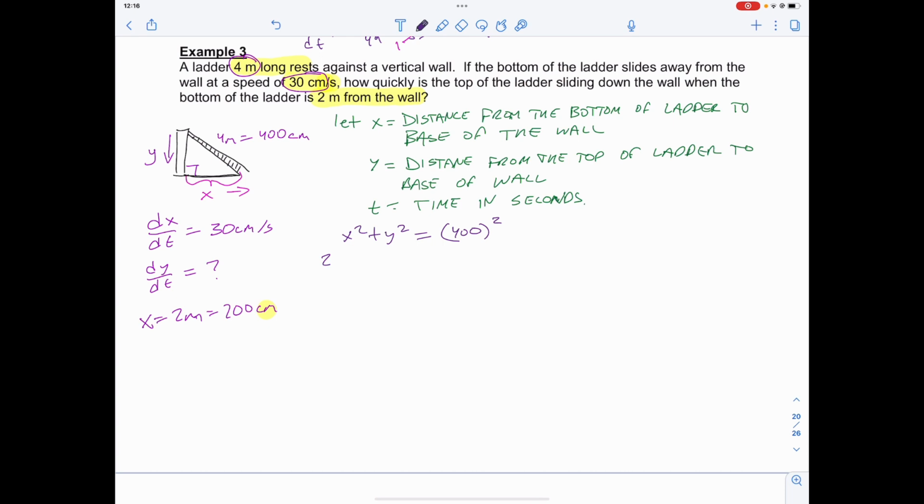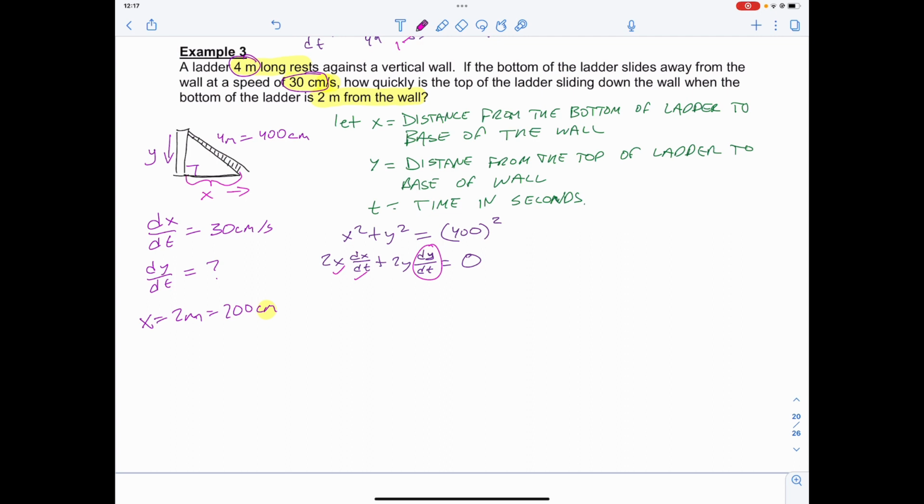I have 2x dx over dt plus 2y dy over dt, and 400 squared is just going to give me a constant, so that is going to be 0 when I differentiate it. But what do I see here? I see that I have x, I have dx over dt, I need dy over dt, but I'm missing y.